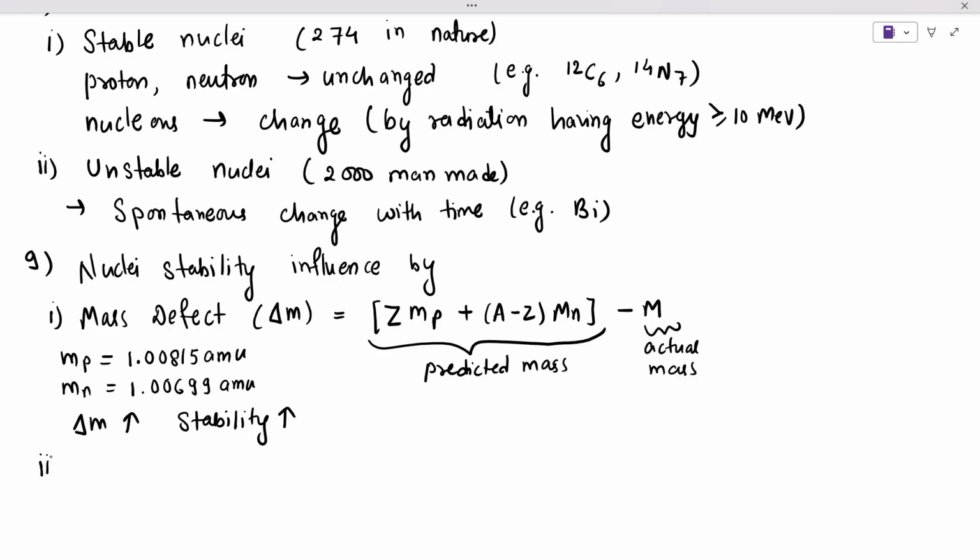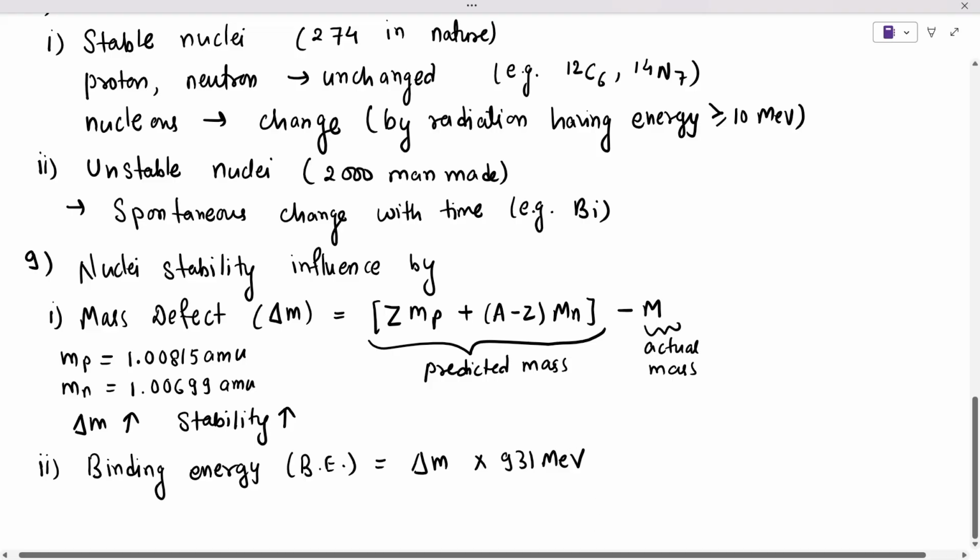The second factor is binding energy. For binding energy, we also have one formula, that is delta M into 931 mega electron volt.